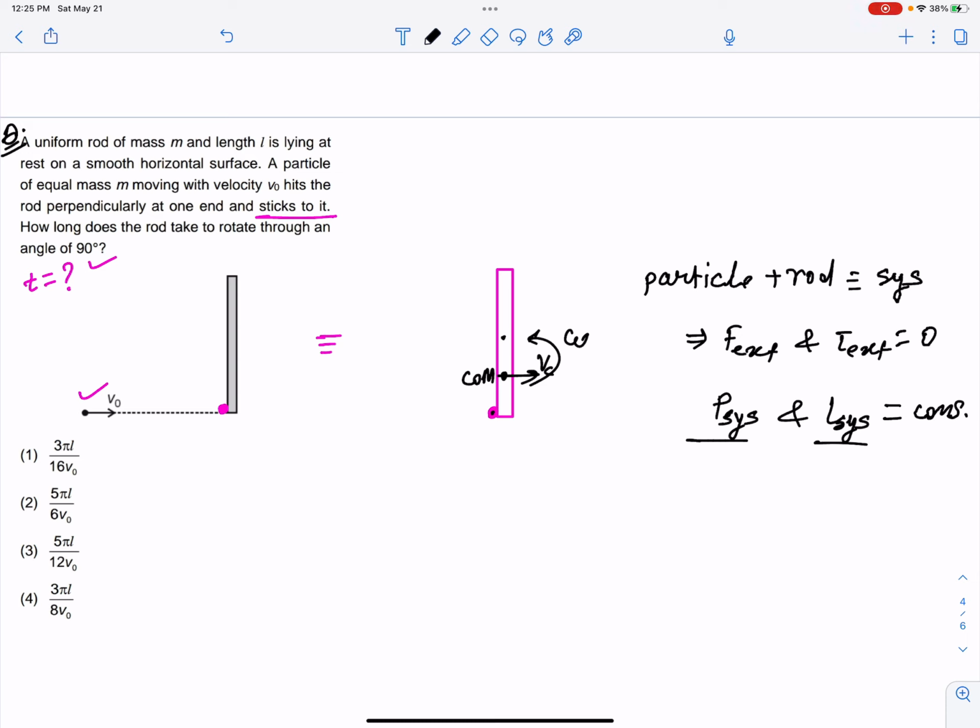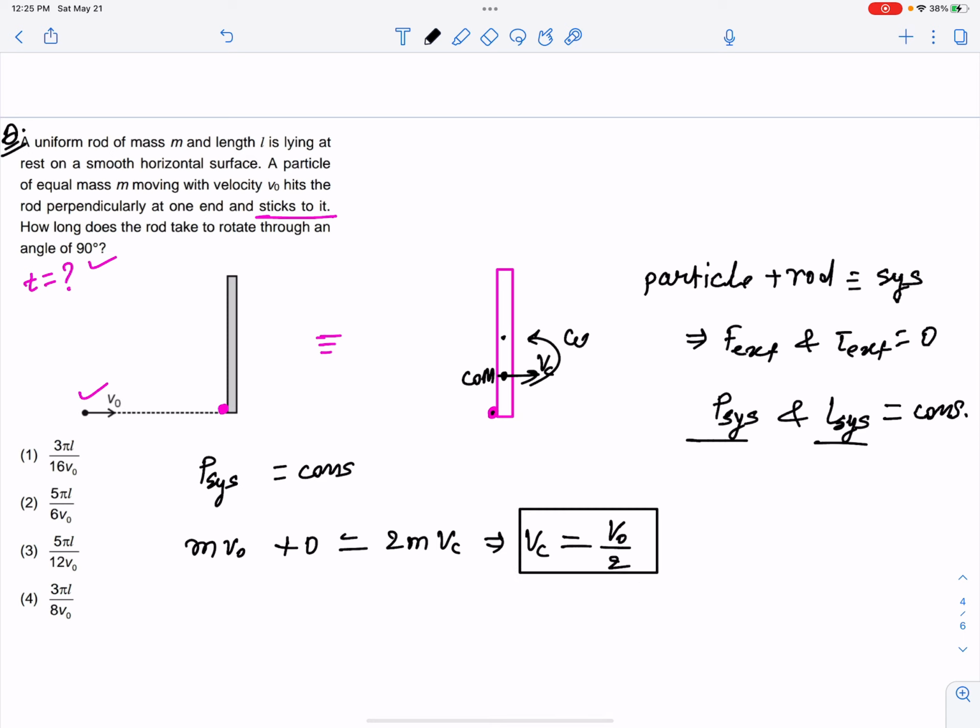So first we apply that P system will be conserved. We can write m v naught plus rod is 0, and finally 2 m vc. So from here we get vc as v naught over 2. Now we can go for L system conservation.